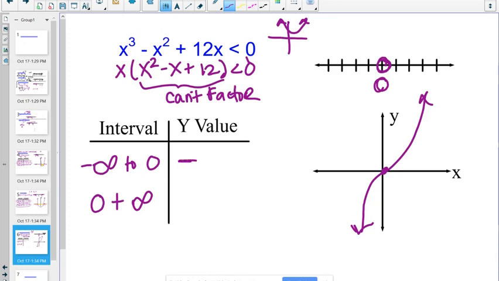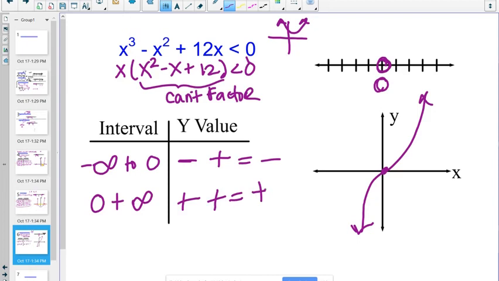And then I'm going to get a positive number, because I'm going to get 100 minus 10 plus 12, so a positive number. When I multiply those, I get negative. And if I pick a positive number, let's say positive 10, I get positive, and then again I get 100 minus 10 plus 12, another positive number.